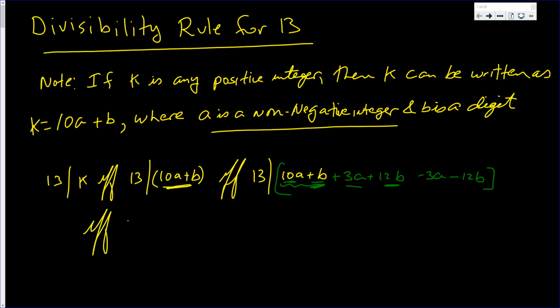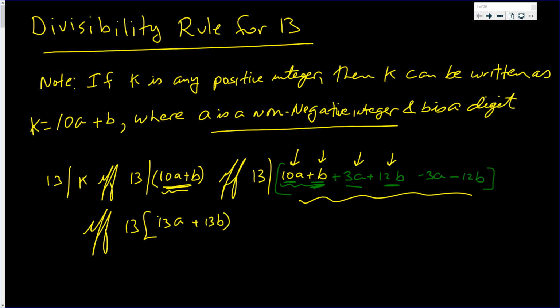So if and only if 13 divides this mess, because that mess is just 10a plus b. Well, I'm going to add the 10a and 3a. That gives me 13a. I'm going to add the b and the 12b. That gives me 13b. I'm going to be able to factor out a 13. And then let's not forget to take away 3a and take away 12b.